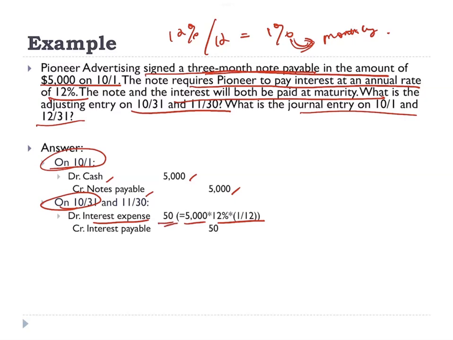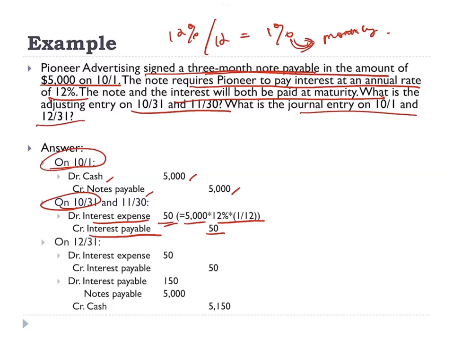And this is $50. And then because the firm hasn't paid it yet, we credit interest payable for $50, which indicates that now the firm has a liability. The firm has an obligation to pay this $50 in 3 months. So that is on October the 31st.